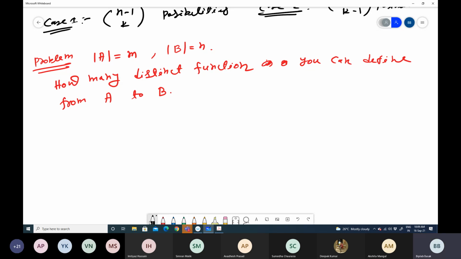Now, can you give me the quick answer? That is very simple. So we are asking how many distinct functions are possible from A to B, where A has m elements and B has n elements.